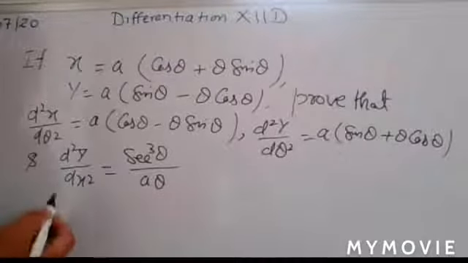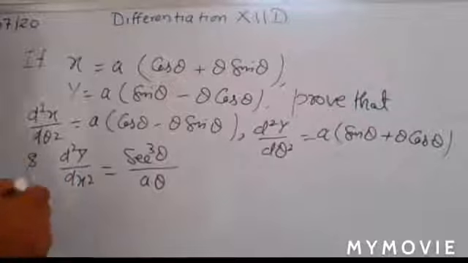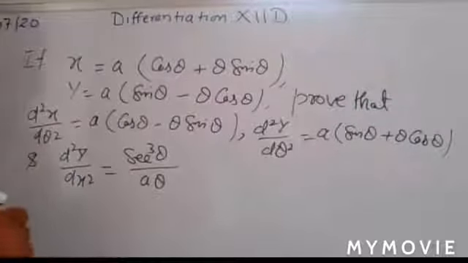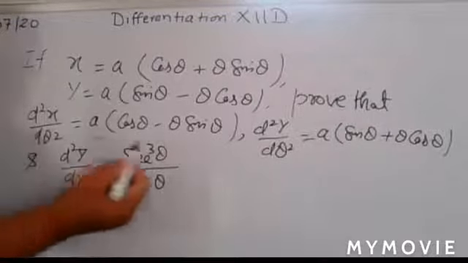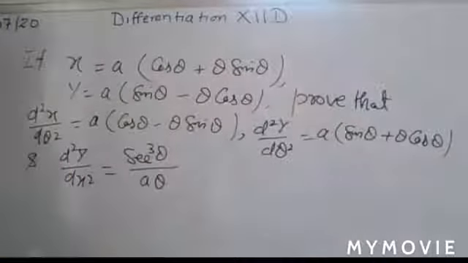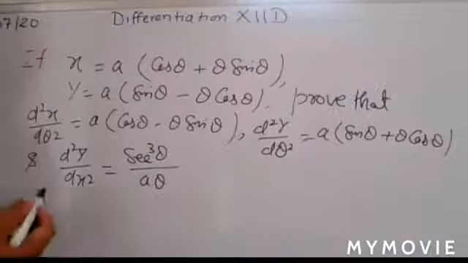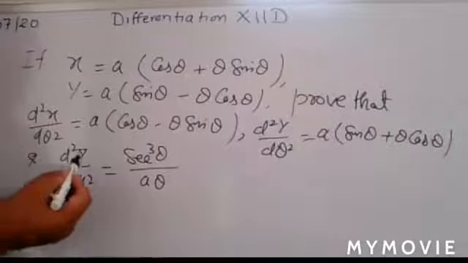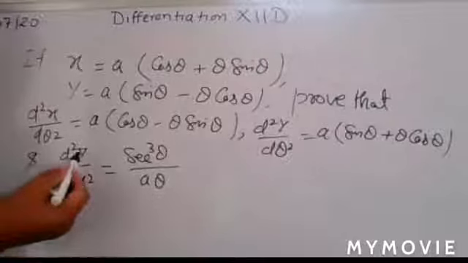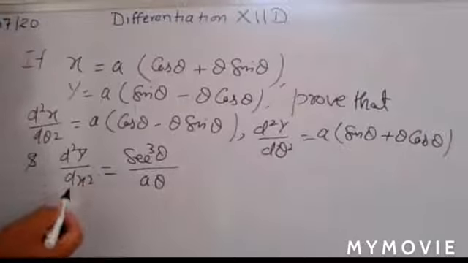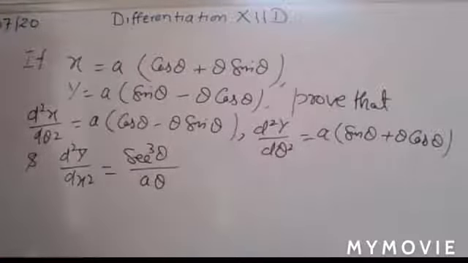Why? Because here you differentiate your first derivative with respect to x, and there you differentiate that function with respect to theta. So to find the value of the second derivative, d2y by dx2, first of all you have to find its first derivative.